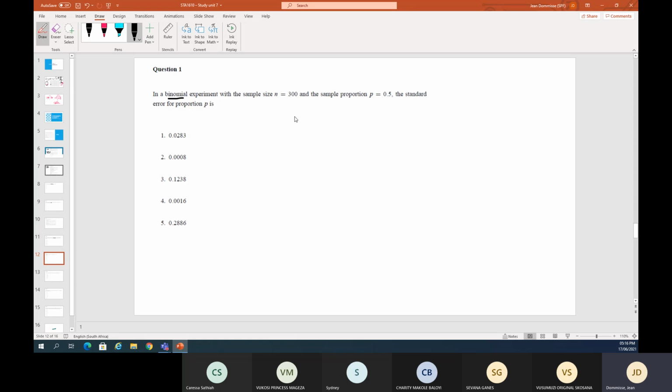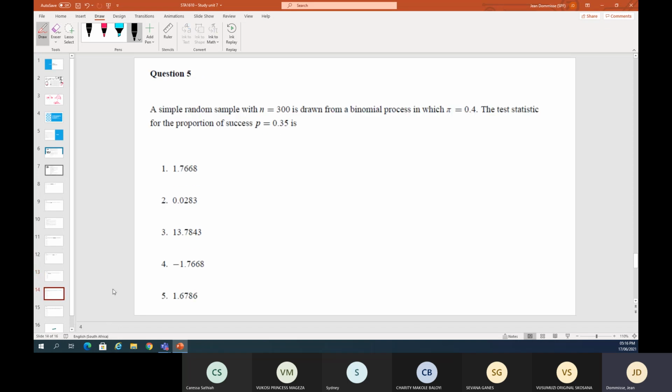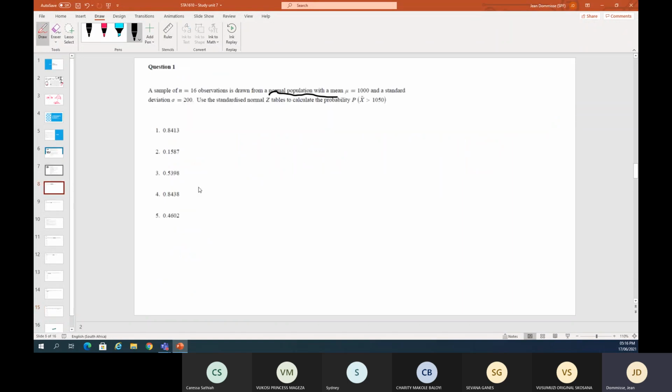Here they will again say proportion. If you look at the next one, population proportion. The next one, simple random draw process, proportion. And again, proportion. So with study unit 7, it is definitely not the case to catch you out with anything.